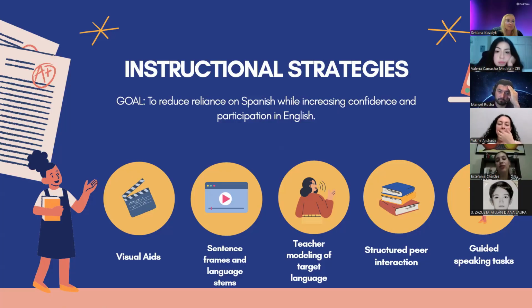I try to use teacher modeling of target language and structured peer interaction.